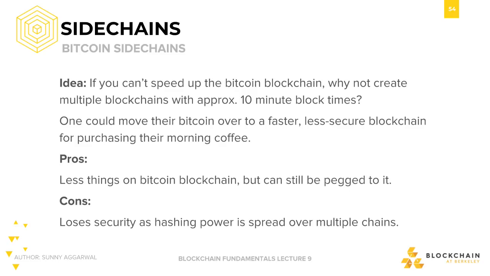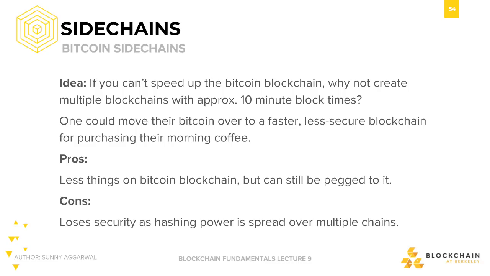So the idea is, let's say we can't really speed up the Bitcoin blockchain that much. Why not create multiple chains on the side that will have different aspects or different wanted parameters?